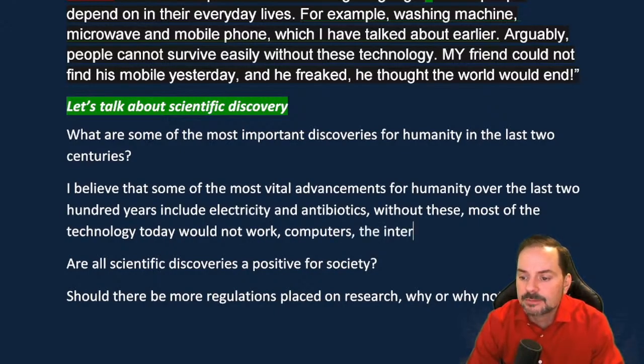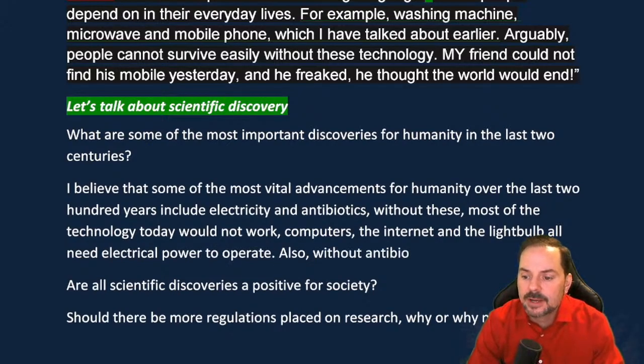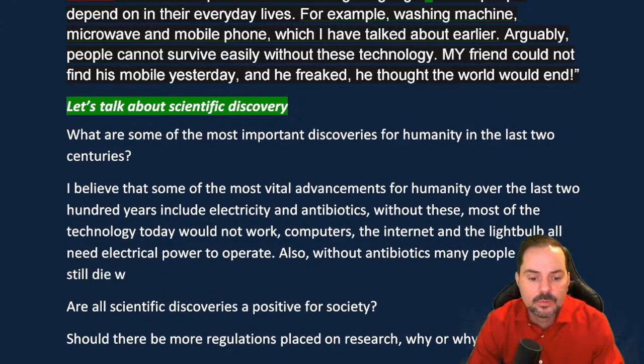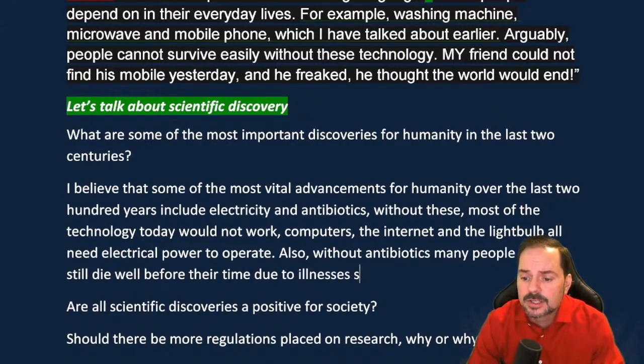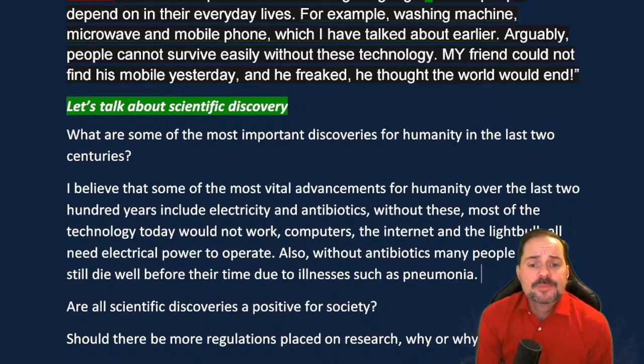Computers, the internet, and the light bulb all need electricity, electrical power to operate. Also, without antibiotics, many people would still die well before their time due to illnesses such as pneumonia. Okay, all right. So there's my answer.